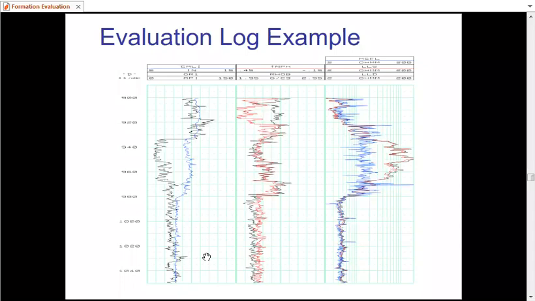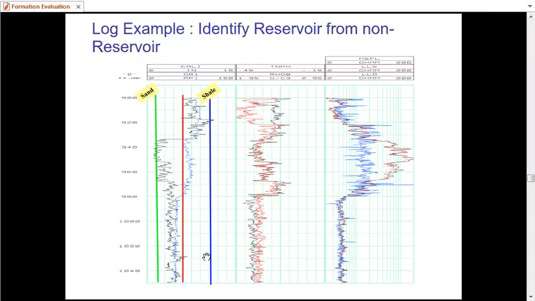So this is an example of evaluation log. When you are dealing with the resistivity log and the gamma ray log, you will identify and compare the reservoir and the non-reservoir.